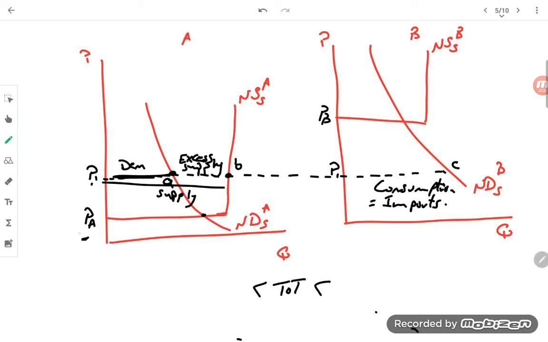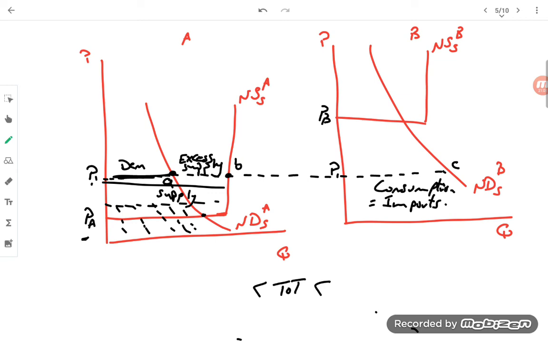So autarky price is determined based on the supply curve alone. As this is the demand curve, the price is constant. If you have any demand curve in this area, the price is constant. So the only factor that affects the price of soybeans in country A is the change in supply, not a change in the demand curve. So this is before international trade.